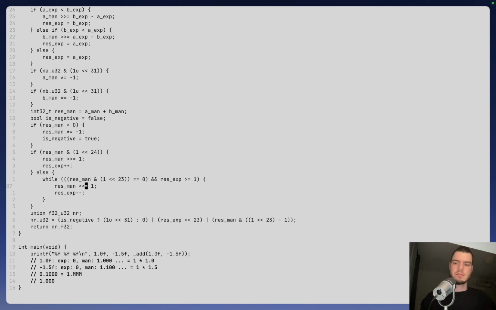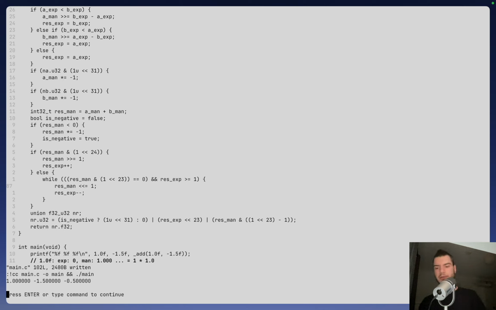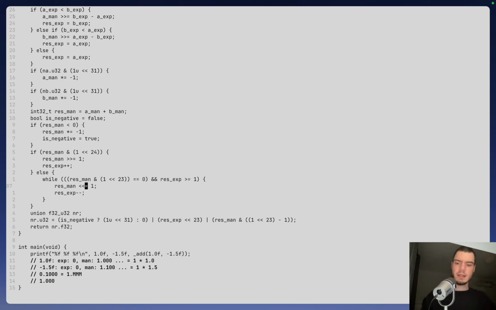Yes. All right, that looks good. 1 minus 1.5 is minus 0.5. Let's try more values. Let's try 2 and 2.5. 4.5. Awesome. Let's try 2 negative values.